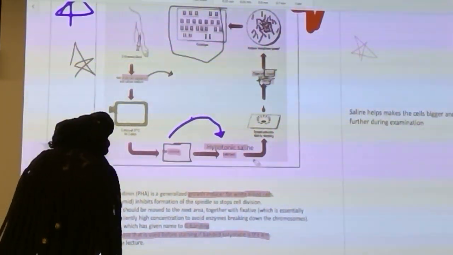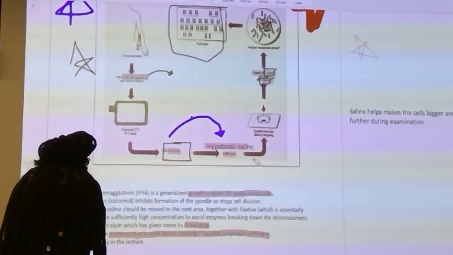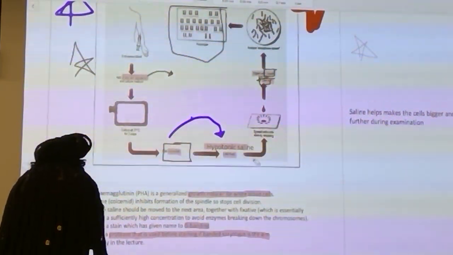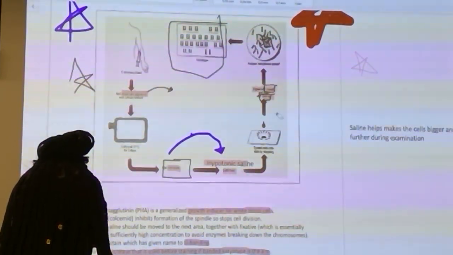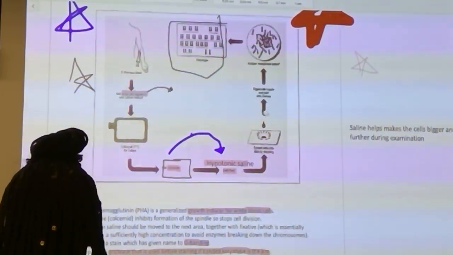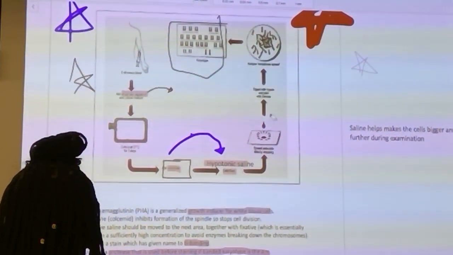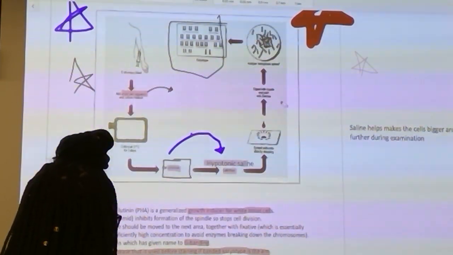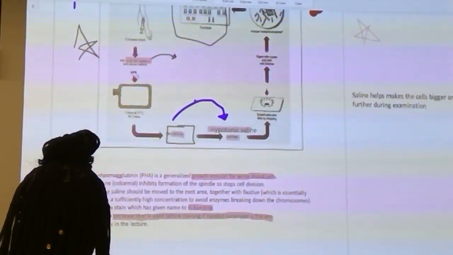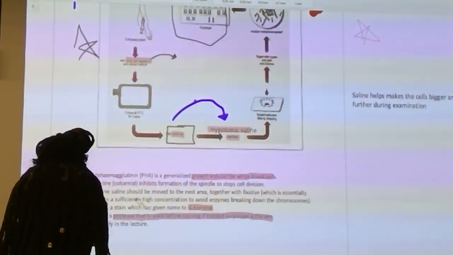Hypertonic saline causes the cells to swell to make the chromosomes more visible. Then trypsin and Giemsa cause the banding, and that's what allows you to see it. Again, just know the functions and the order.